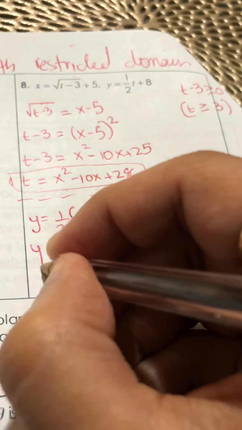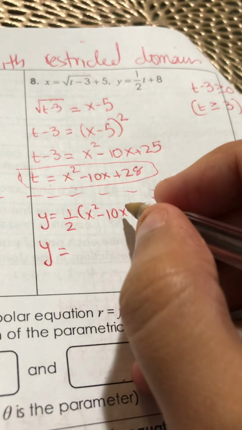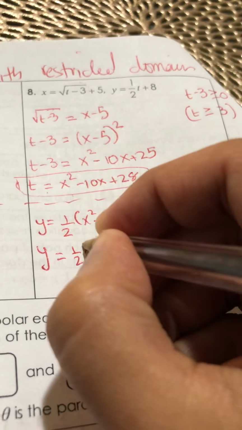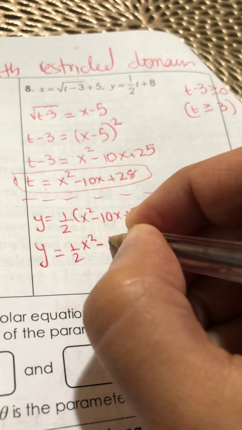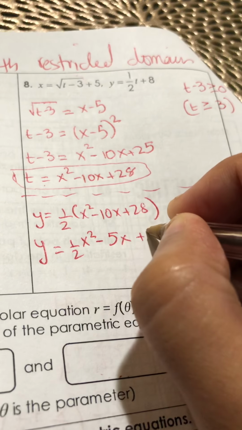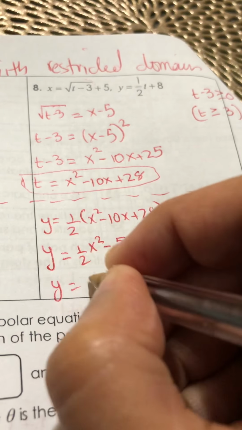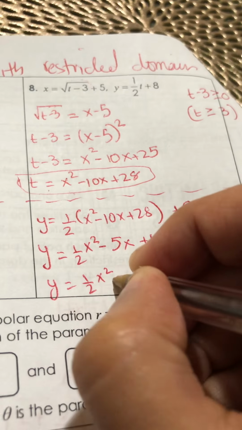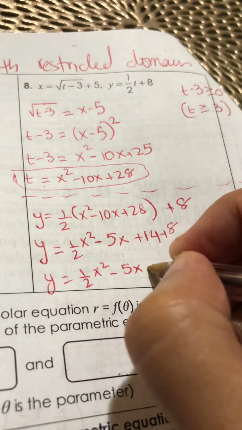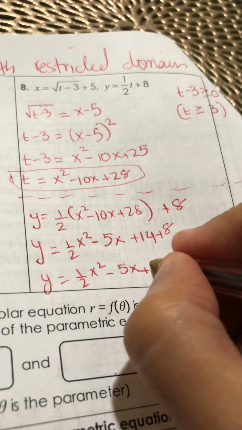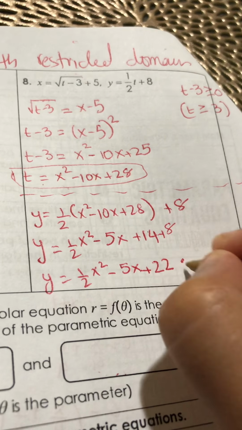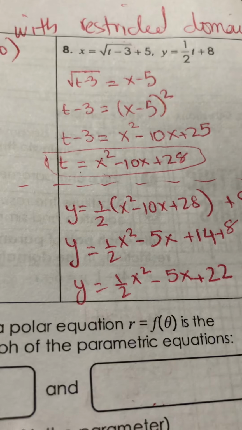I end up with y equals 1/2 of x squared minus 10x plus 28 plus 8, which ends up with y equals 1/2 x squared minus 5x plus 22. Keeping in mind the restriction.